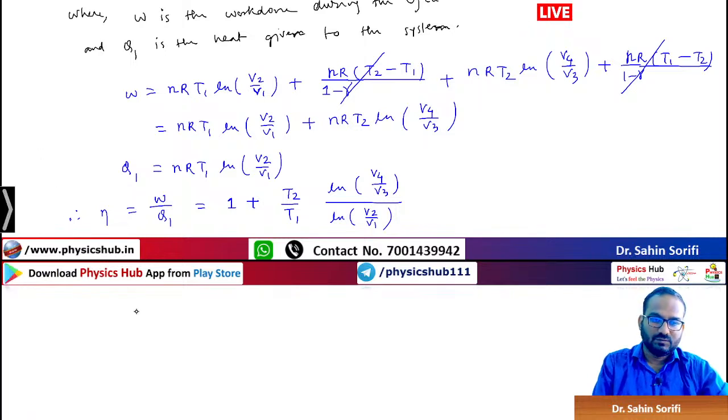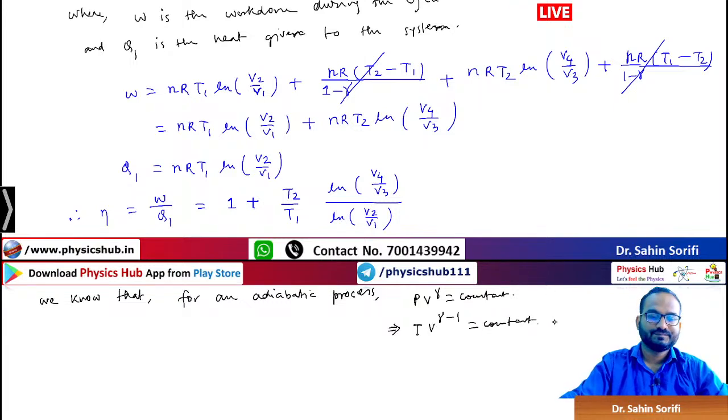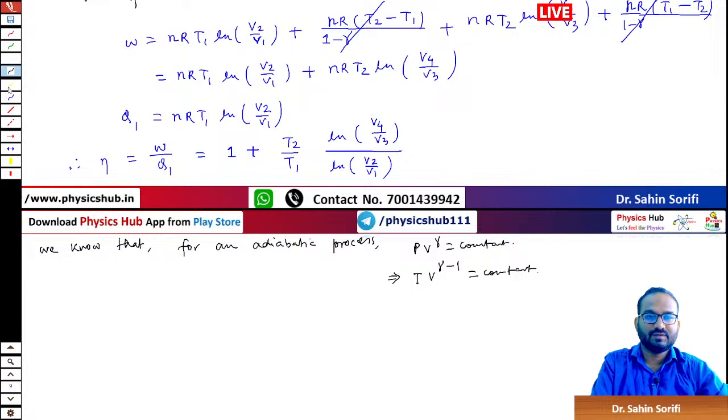So to do that, for an adiabatic process, PV to the power gamma is equal to constant. If you put P equal to RT by V, you get TV to the power gamma minus 1 is equal to constant, right?